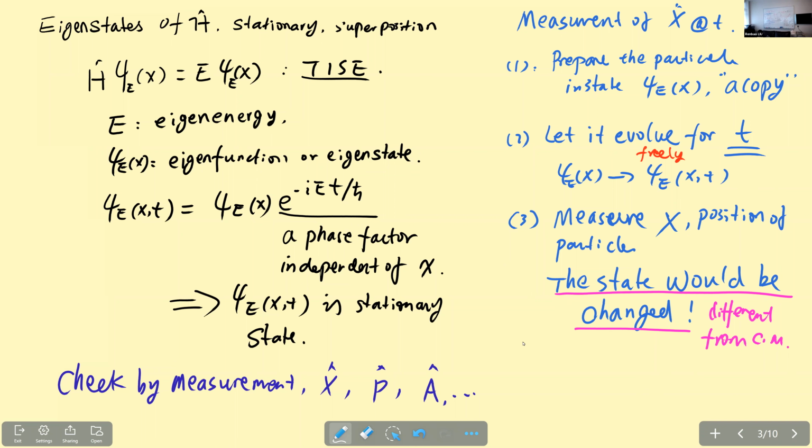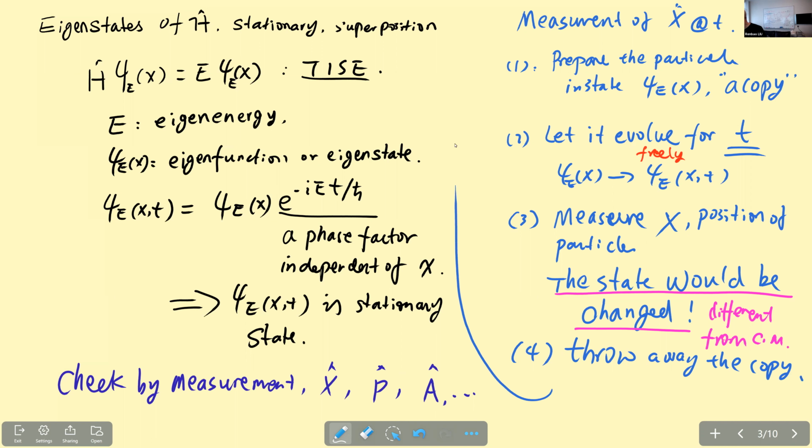So that means in the fourth step, you need to just throw away the copy. So you finish the preparation, evolution, and measurement of a copy, and this copy should be thrown away, shouldn't be used again for doing the measurement of x. And then you should continue this one.